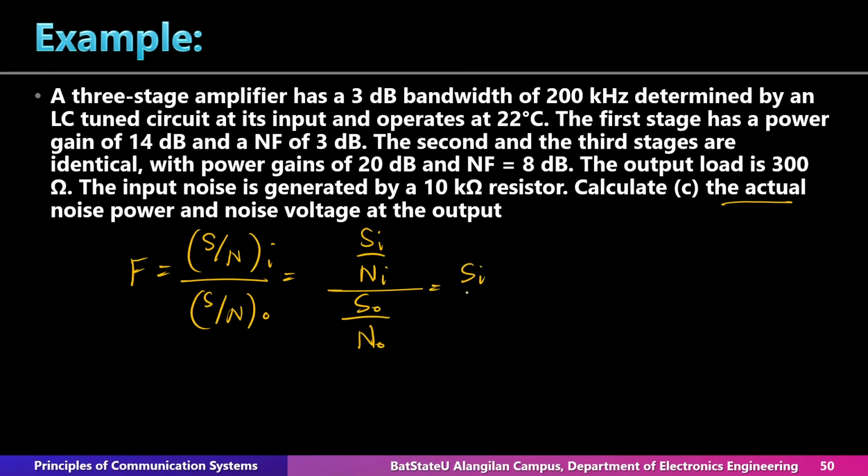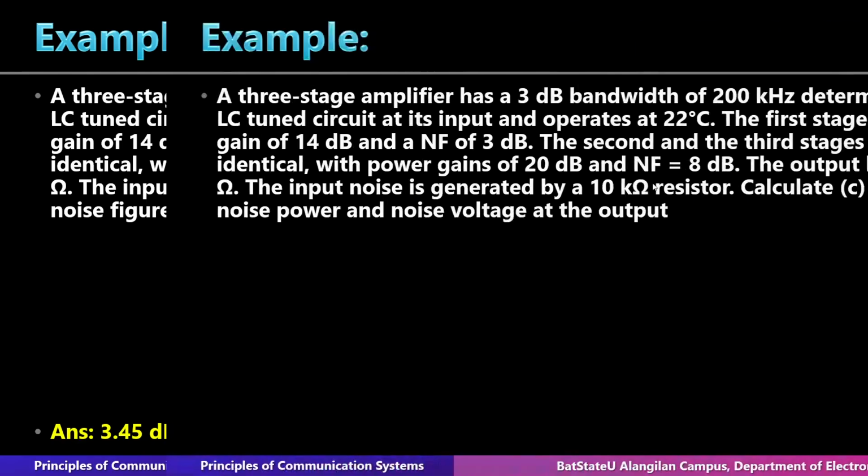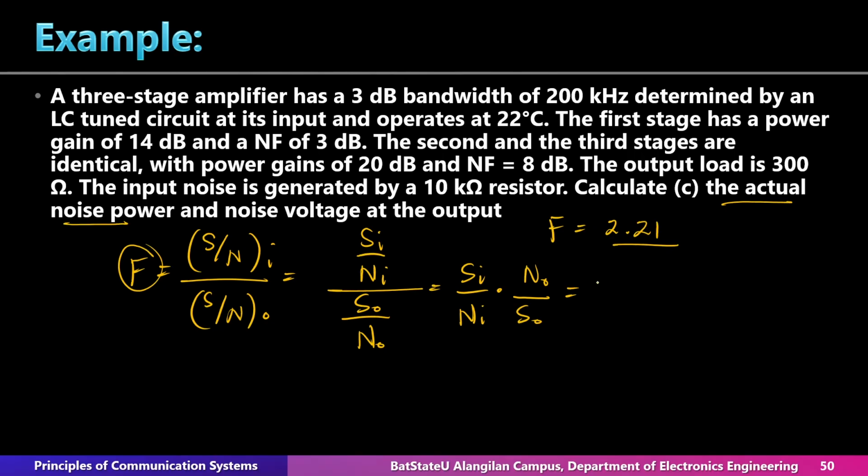Signal to noise ng input times reciprocal nito, noise ng output over signal ng output. Okay. Alam natin yung overall noise factor, di ba? Remember that the overall noise factor is 2.21. Equal ito sa overall noise factor.